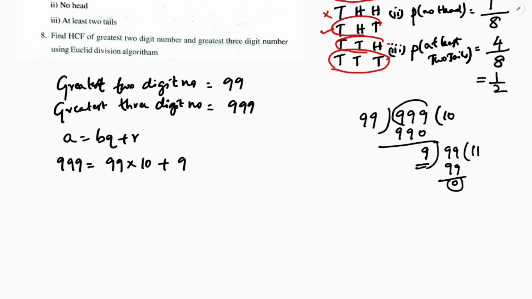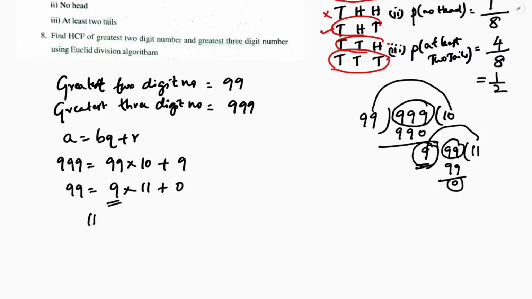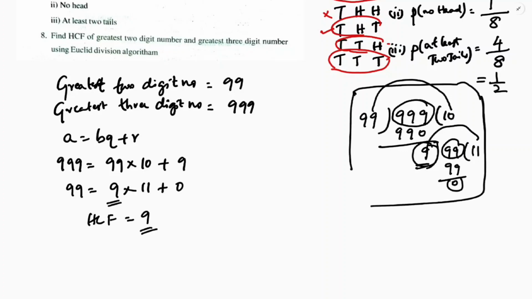This is for the first step. Now next step, 99 equals 9 into 11 plus 0. So the HCF is 9. This you can do in the rough part. If the question is easy, directly you can write in the form of A is equal to BQ plus R.